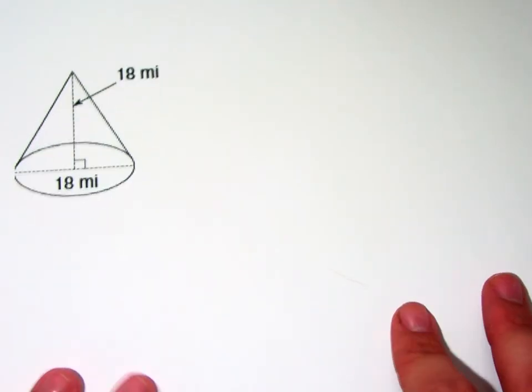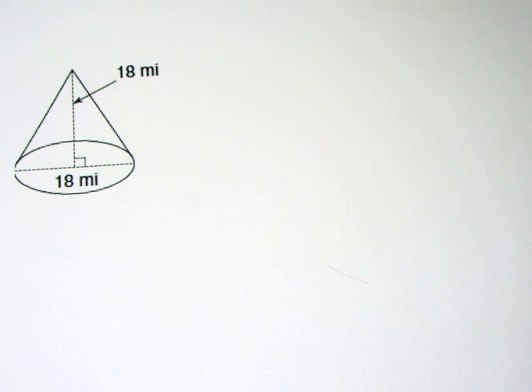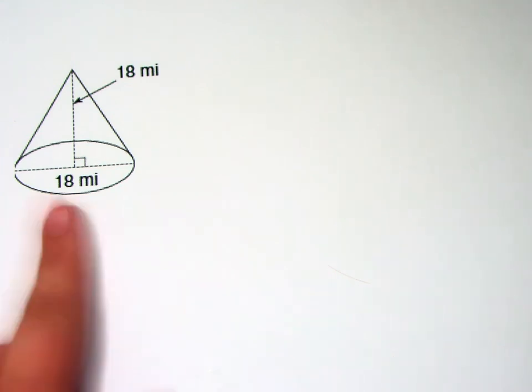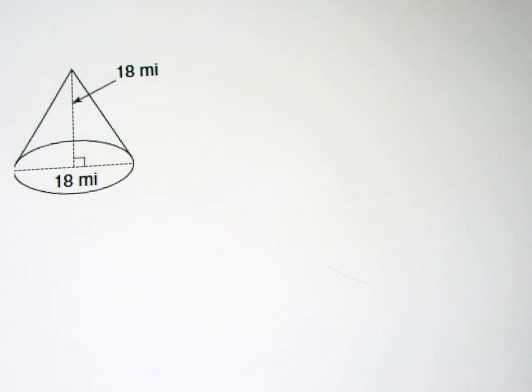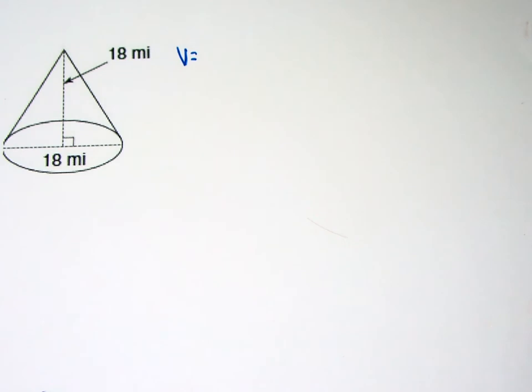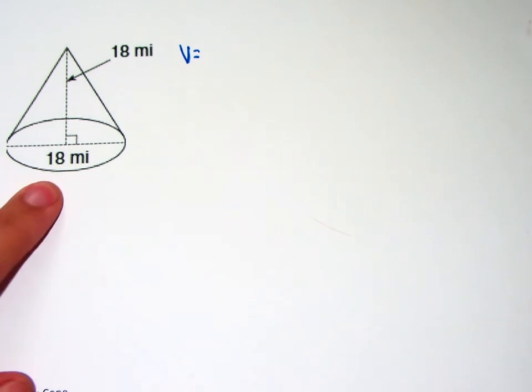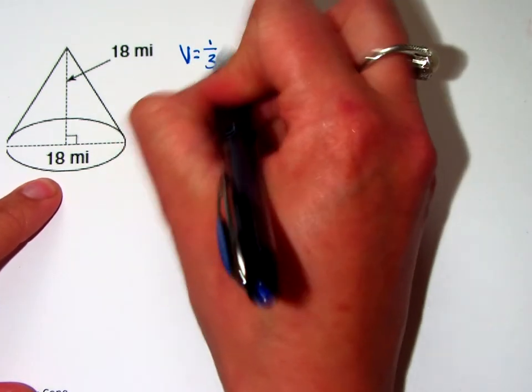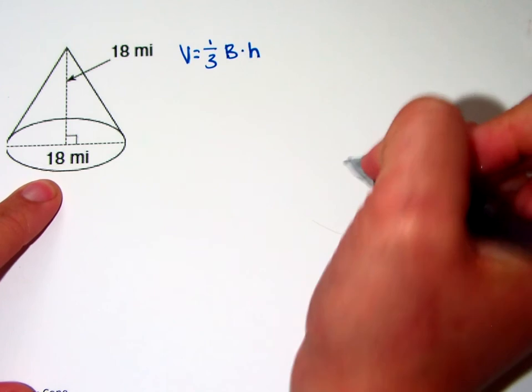This one is a little trickier because we still have a cone, but now we have 18 going all the way across, and that's something we want to be mindful of when doing the volume. So volume equals, this has one base, so I'm going to put 1/3 in front of my area of the base times height formula.